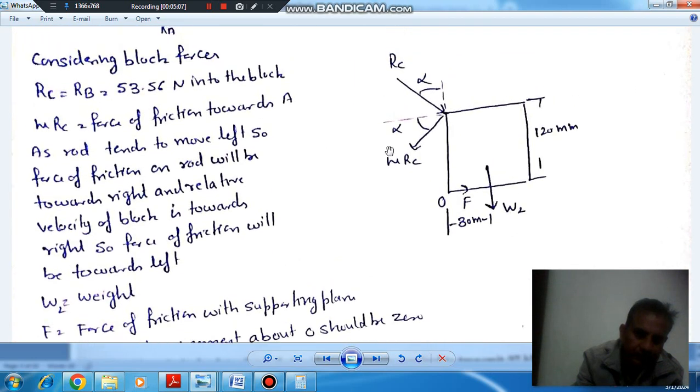So the basic fact is that when we consider tipping, the moment about O should be 0, and when we consider sliding, the vertical component and horizontal component should be equal, and the vertical reaction will be found by taking the vertical component of this. So RC, these are the applied forces, not the reaction.